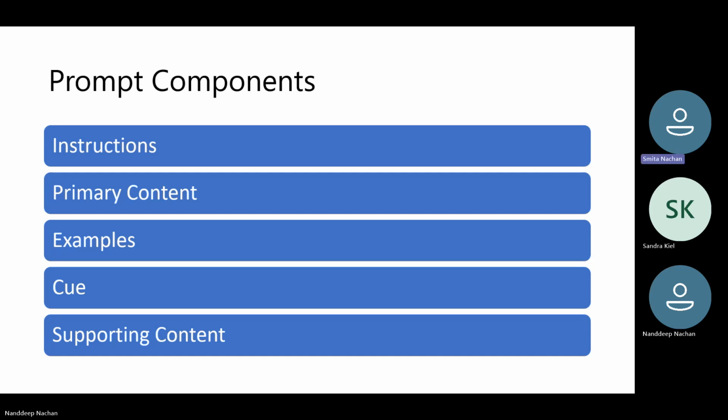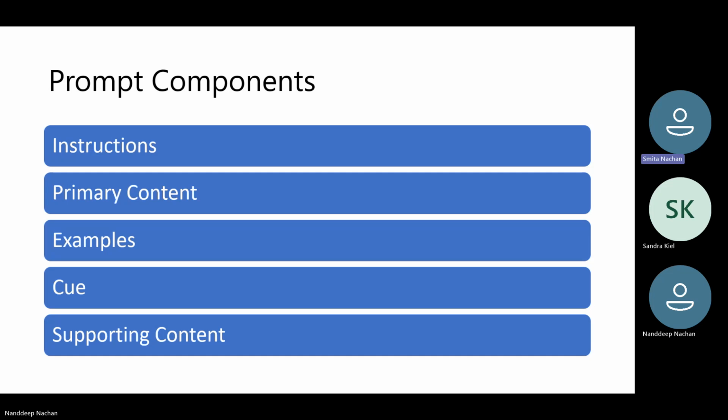Third one, the examples. So successful prompts often rely on the practice of one-shot or few-shot learning. So this refers to the inclusion of one or more examples of the desired behavior of the model, typically by including input or output pairs.